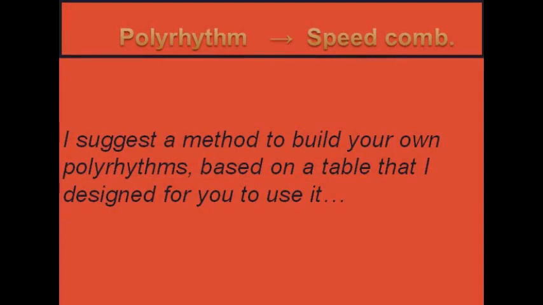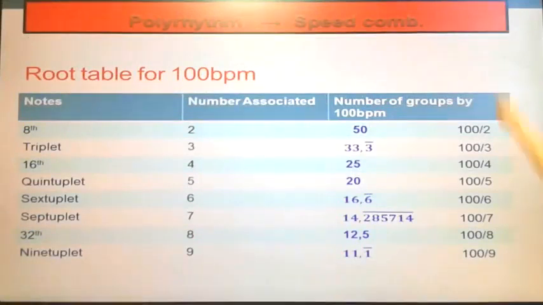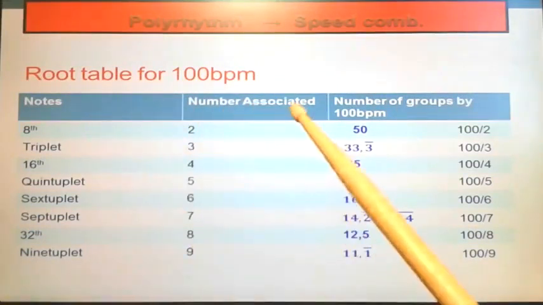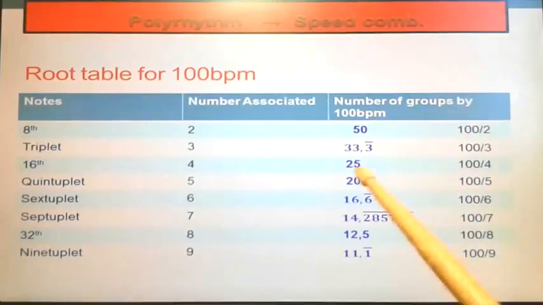Now the second step is creating our own polyrhythm. I'll suggest a method based on a table that I will show you now for you to create your own polyrhythm and have a lot of fun. In this table, you see 3 columns with the notes, a number associated, and the number of groups by 100 BPMs.